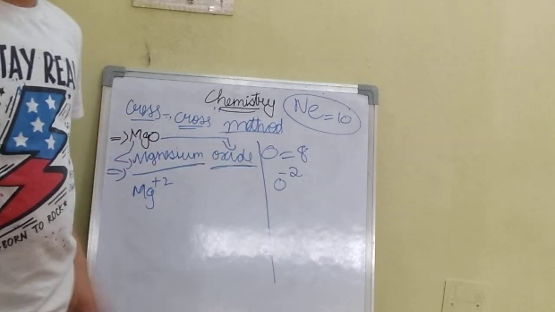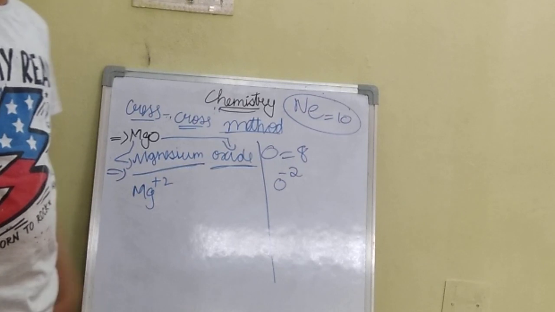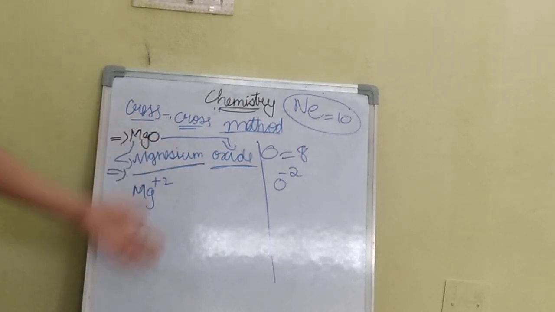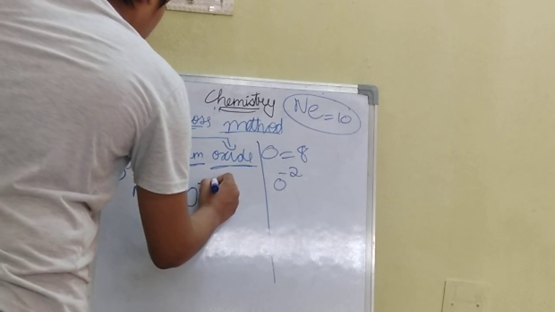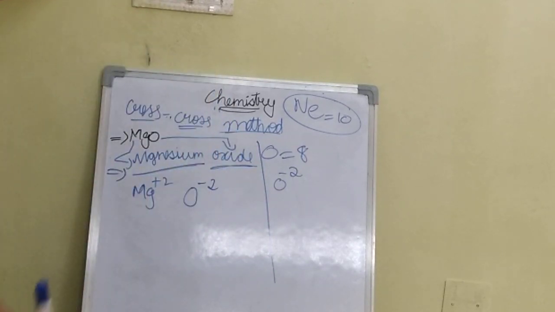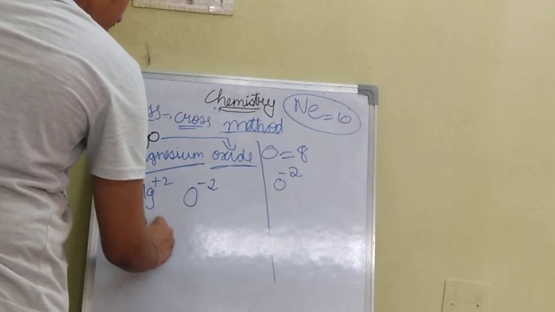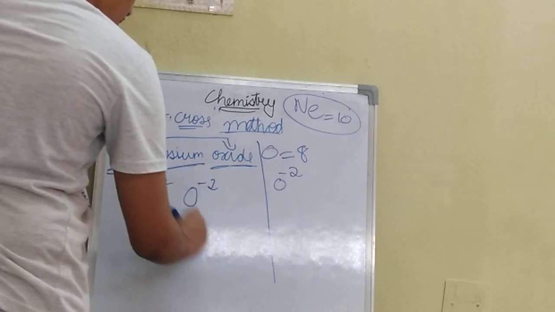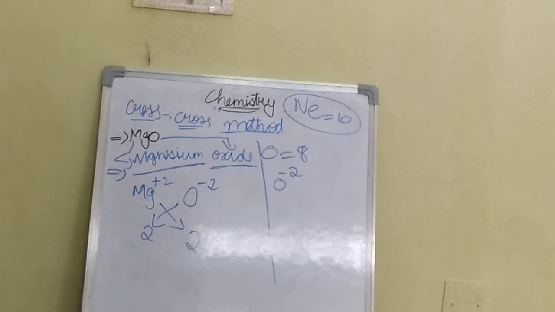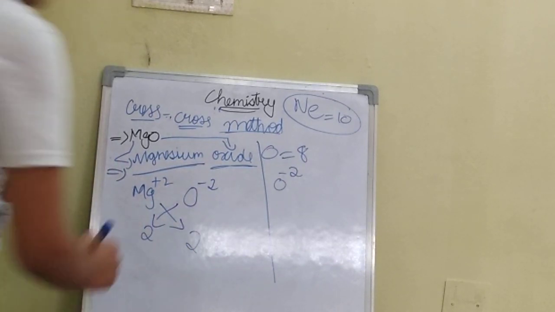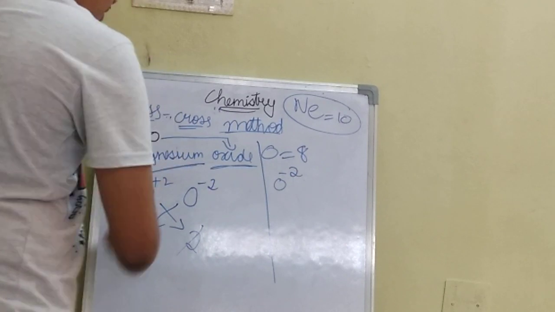These are anions. Gain of electrons are called anions, loss of electrons are called cations. So here it will be O minus 2. Here number 2, here number 2. Crisscross. 2 and 2 get cancelled.